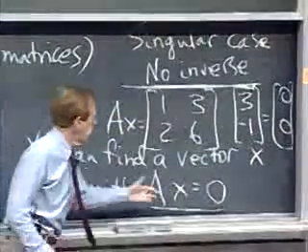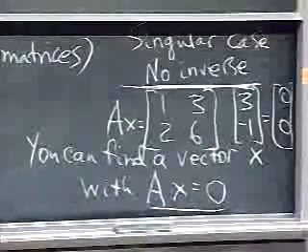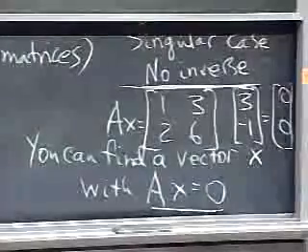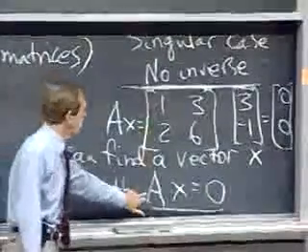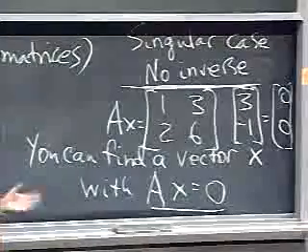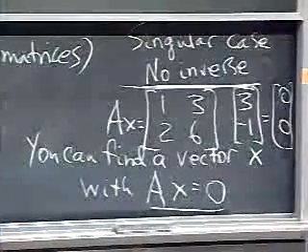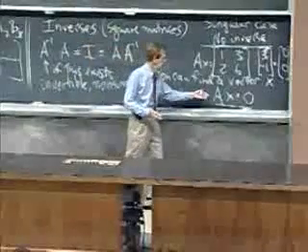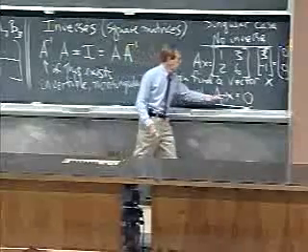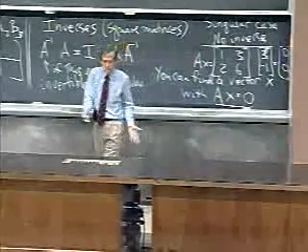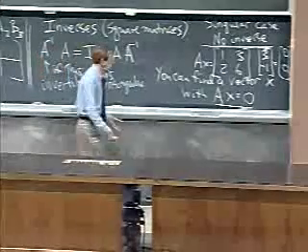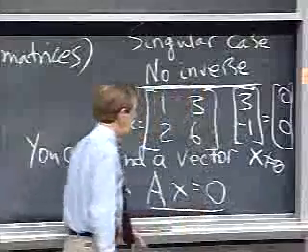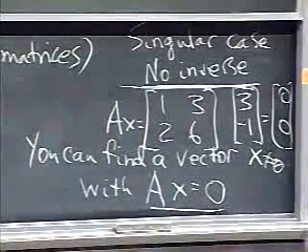If A inverse existed, which of course I'm going to come to the conclusion it can't, if there was an A inverse to this dopey matrix, I would multiply that equation by that inverse and I would discover x is 0. If I multiply A by A inverse on the left, I get x. If I multiply by A inverse on the right, I get 0. So I would discover x was 0. But x is not 0. There it is, 3 minus 1.